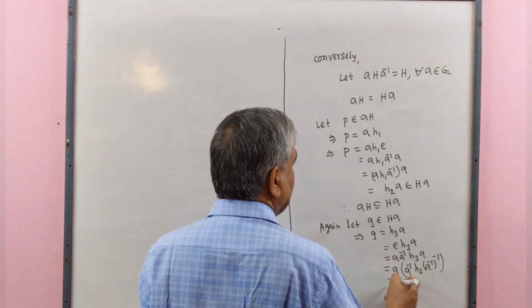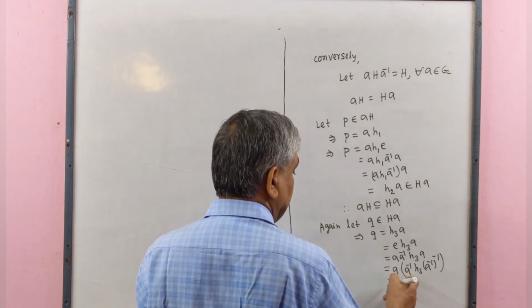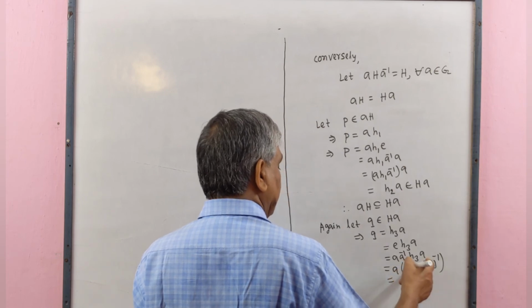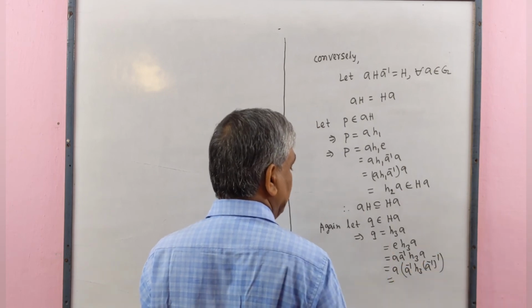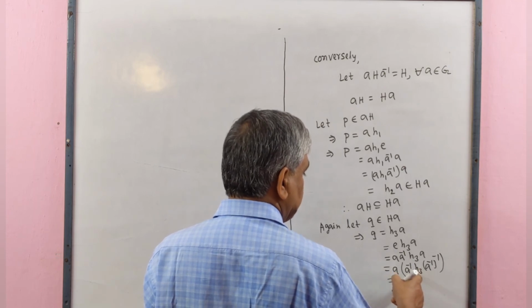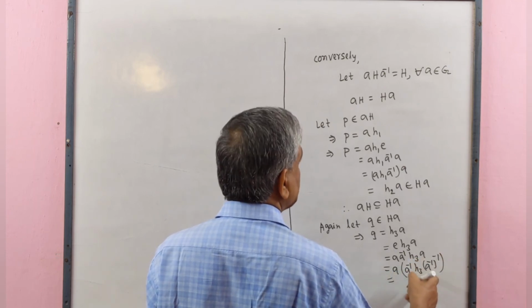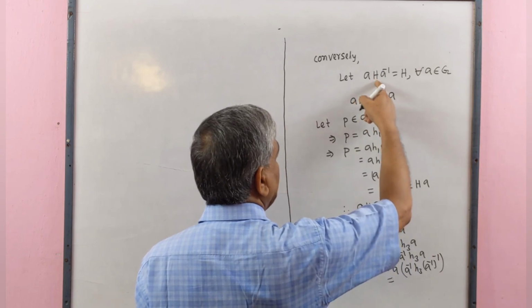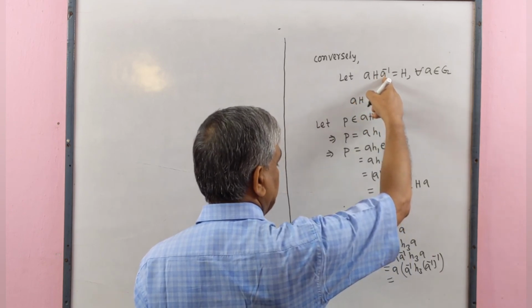Since A inverse belongs to G, therefore A inverse H3 (A inverse) inverse belongs to AHA inverse.